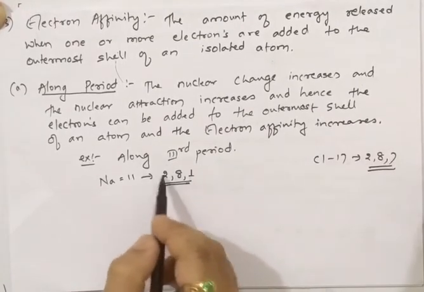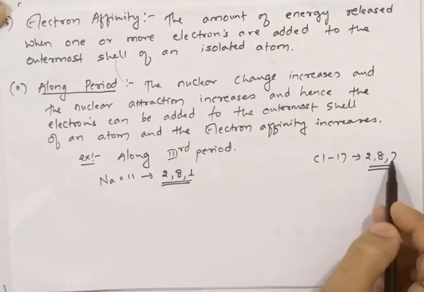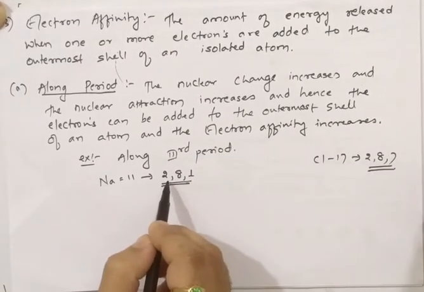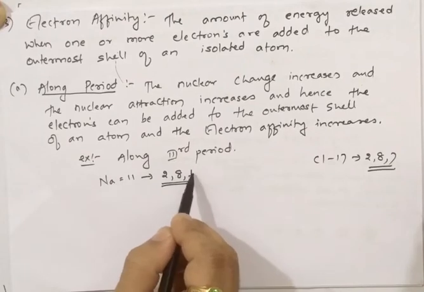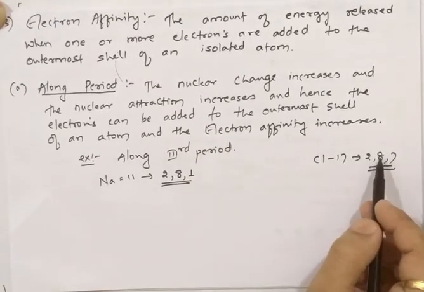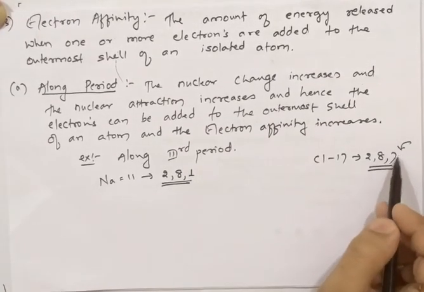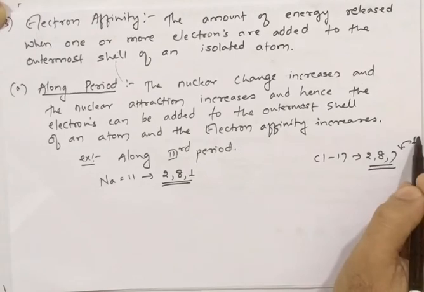So here force of attraction is less, nuclear attraction is less, here nuclear attraction is more. So if nuclear attraction is less here, this atom will not accept electron, but this atom will accept electron because its nuclear attraction is more. So if it is accepting electron, how many electrons will it accept? One electron it will accept.